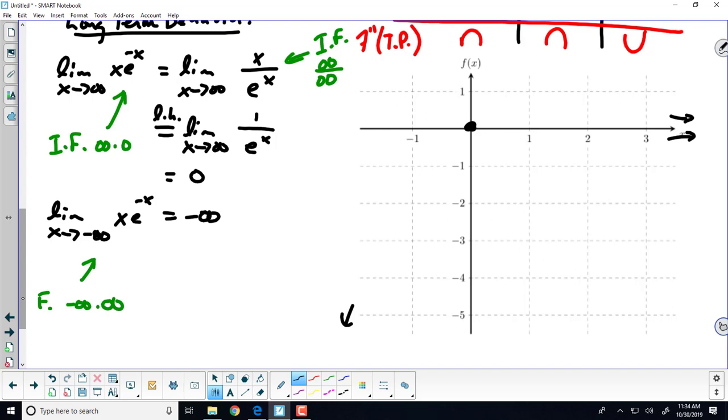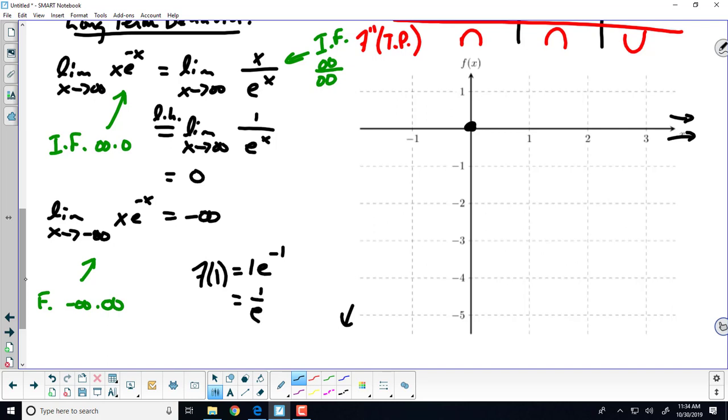Then we said at x equals 1, we've got a local maximum. So we need to find the ordered pair of that local maximum. We would have to find f of 1, which would be 1 times e to the minus 1, and that's the same thing as 1 over e.